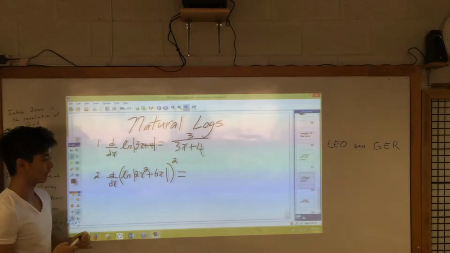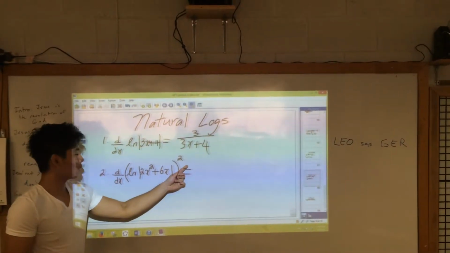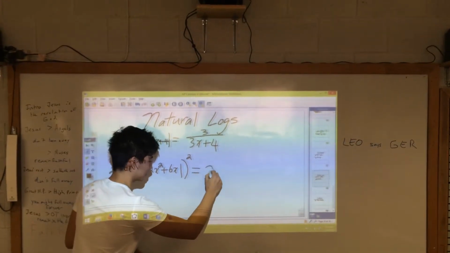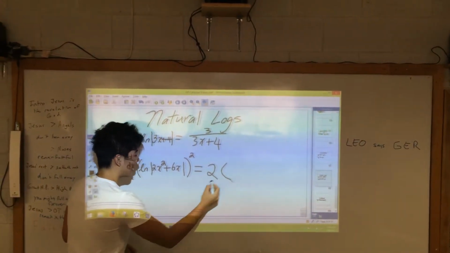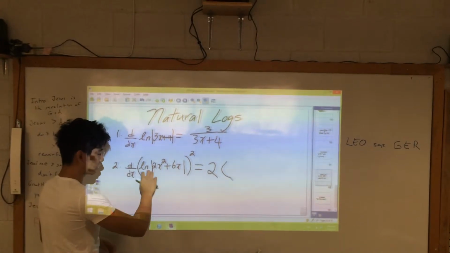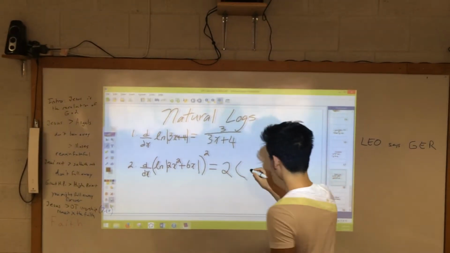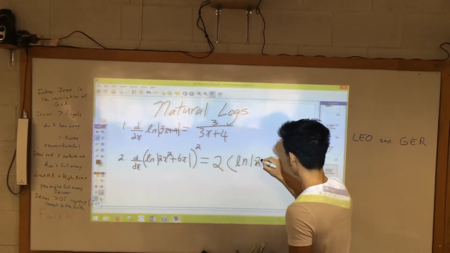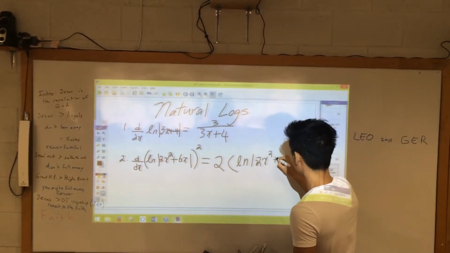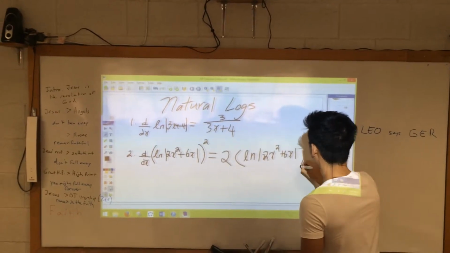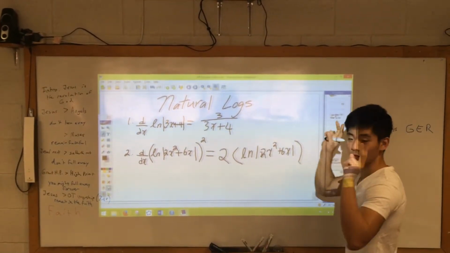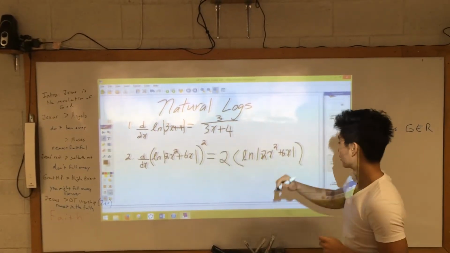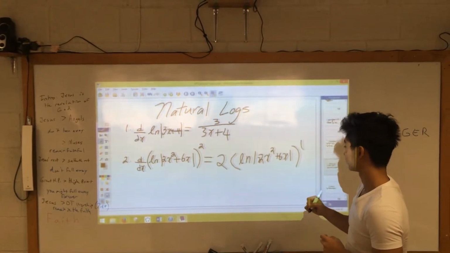Now by the chain rule, we're going to bring down the 2, and we're going to still maintain the function here. And remember, by the definition of the chain rule, since we brought down the 2 here, we have to subtract the power by 1. So it would just be to the power of 1.